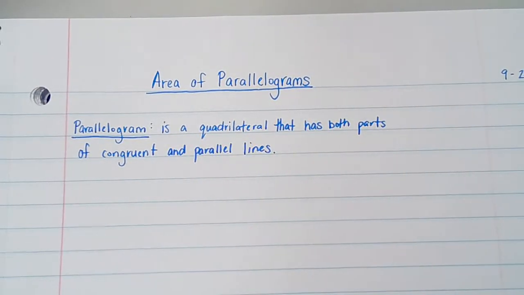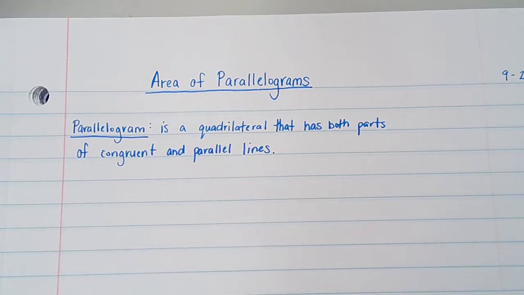So what in the world does that mean? Well, envision a four-sided shape, and what I mean by both parts is that the lines are congruent, which means they're the same length, and the lines are also going to be parallel.